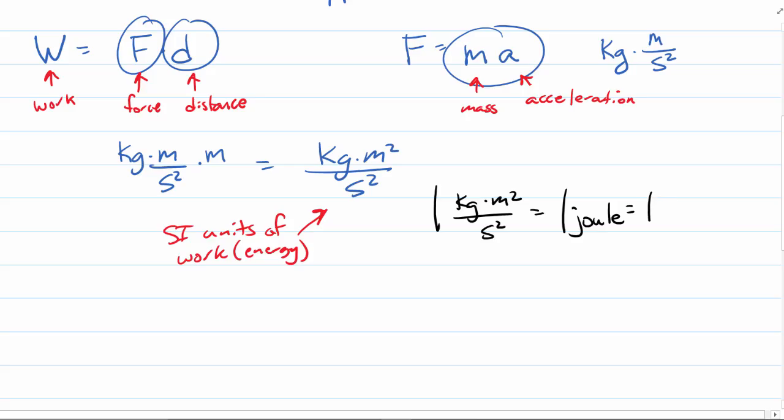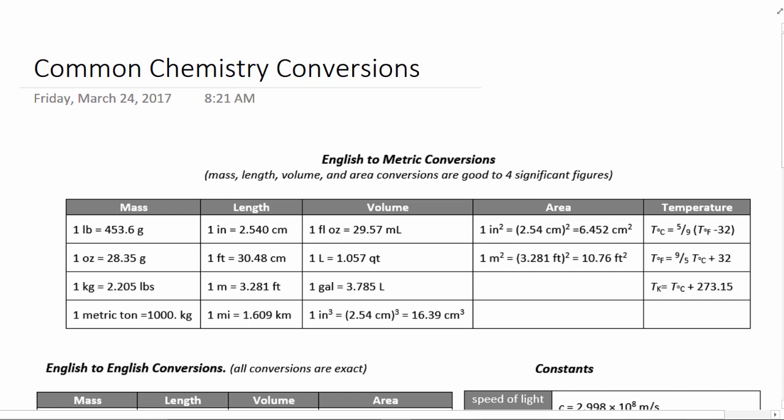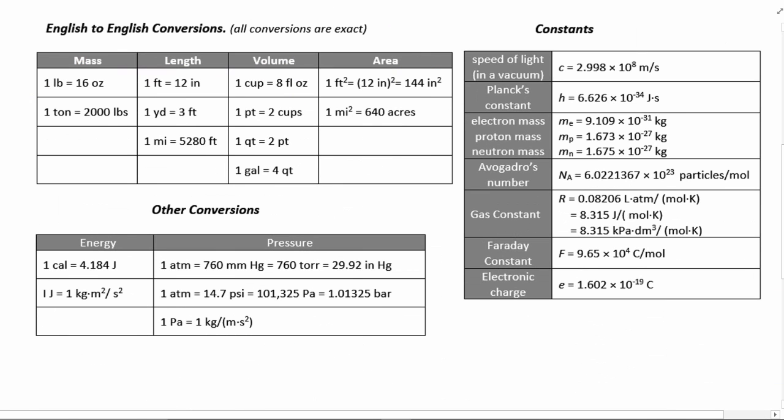Now you're going to find this definition on your conversion sheet. If you pull that conversion sheet out, you'll see this already, right down here. Part of the reason I bring this up is that when you're doing these calculations, you're going to want to cancel out units. It may not be apparent how joules cancels out with the meters and seconds and everything else in there.